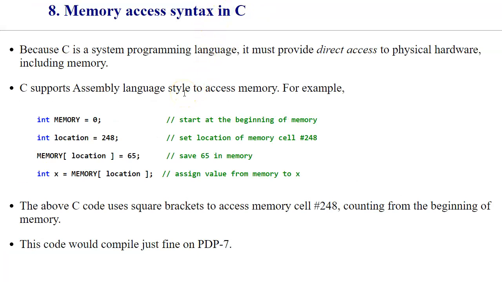So let's consider something that uses memory access syntax in C. Because C is a systems programming language, it must provide direct access to physical hardware, including memory. And C supports assembly style to access memory, and I'm specifically talking about the use of square brackets.